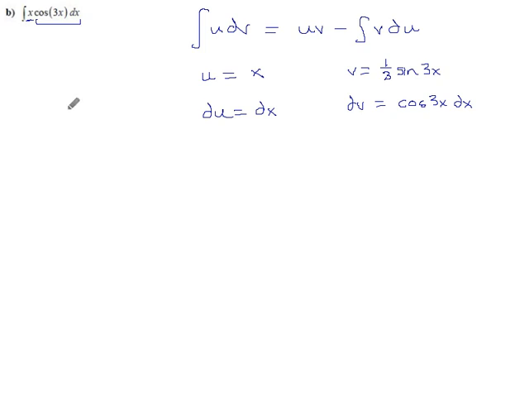So if you're happy with all that, the integration by parts formula says instead of this integral, you can do uv minus integral v du. So u, v, minus integral v.